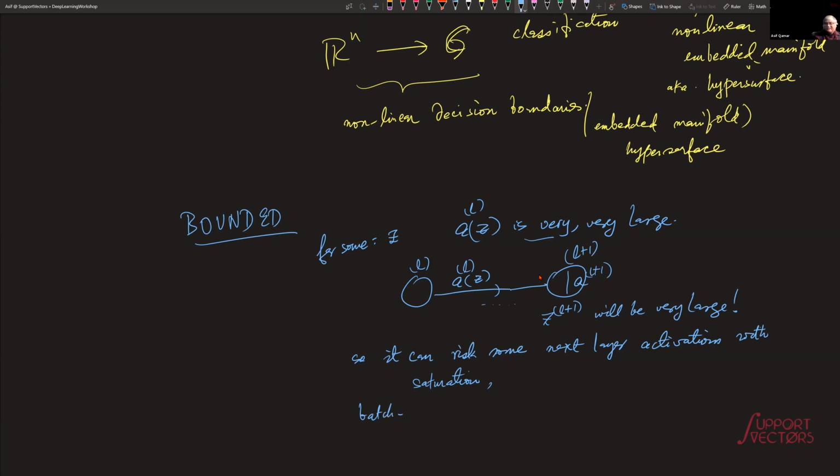At each level, the outputs that come out, batch normalization, like pulling the values back in, usually solves it. So today, boundedness is important, but if you don't have it, we don't worry about it too much. Batch normalization usually takes care of it. So important, but not necessary. These are some properties that you expect the activation function to have.